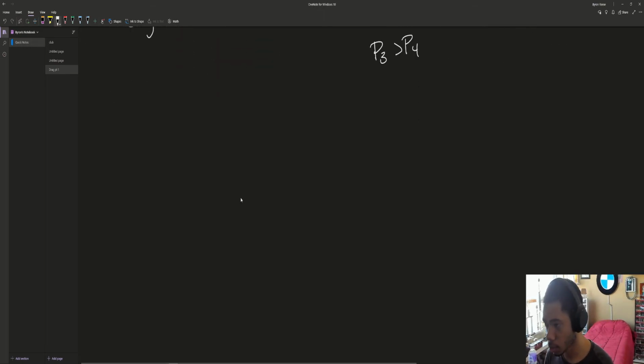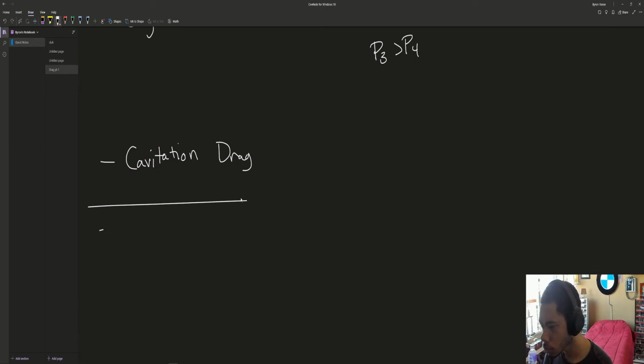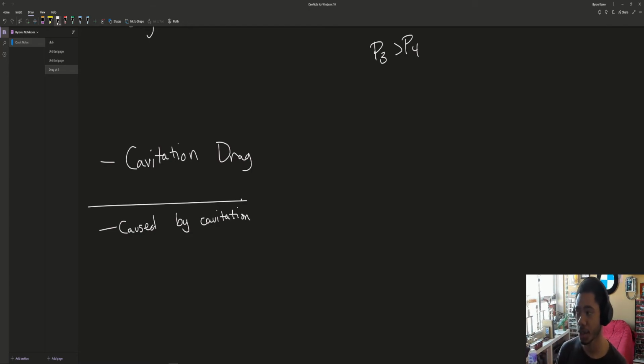The next one we're going to talk about is cavitation drag. Not to be confused with cavity drag. It's all about cavitation. This is a huge thing if you are designing submarines.